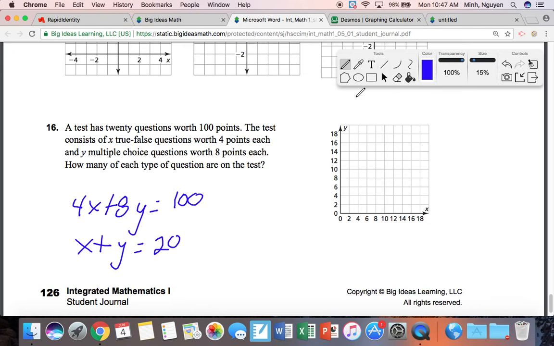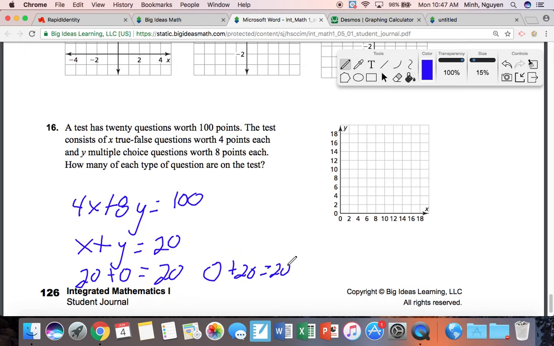I'll solve this one first. So we could have 20 true-false questions and 0 multiple choice. We could also, on the other end, have 0 true-false and up to 20 multiple choice.